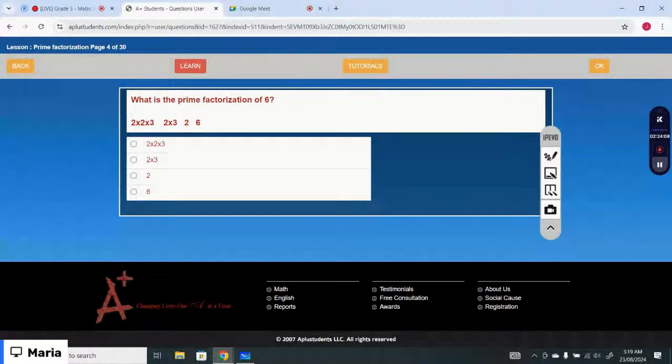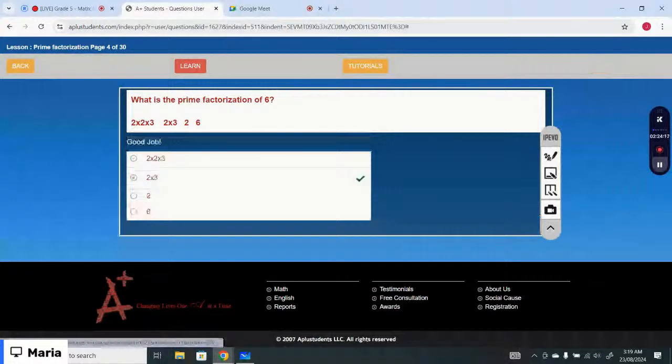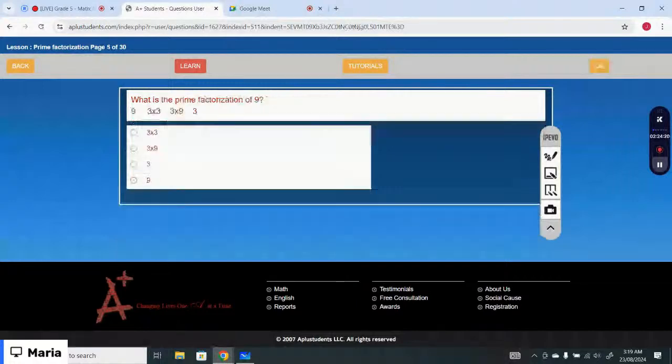Option number 2 is the correct option. That is 2 times 3. What is the prime factor?